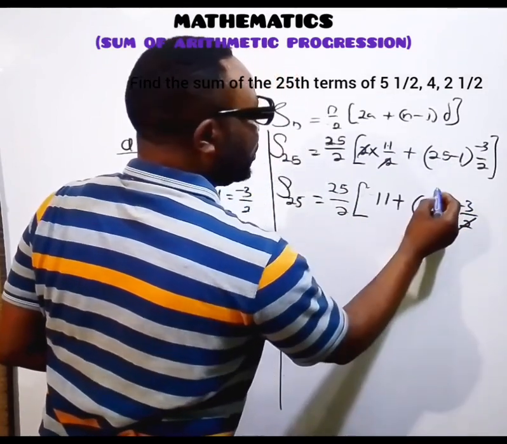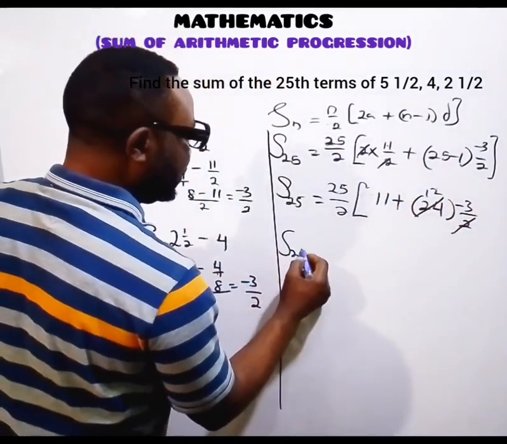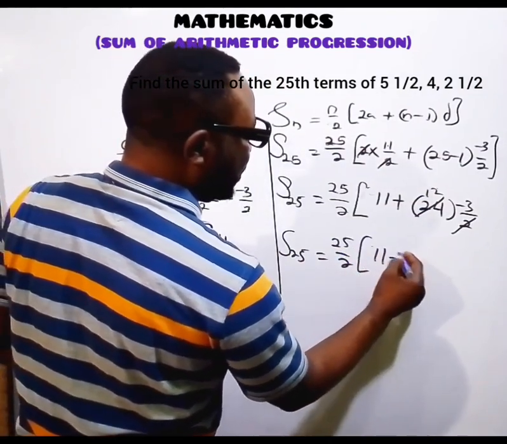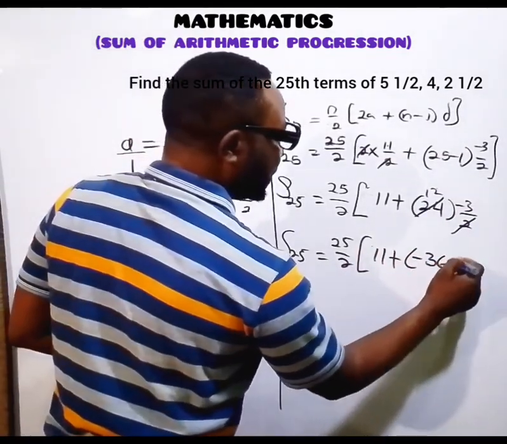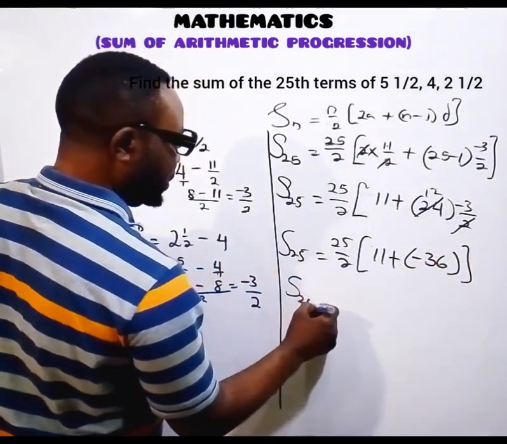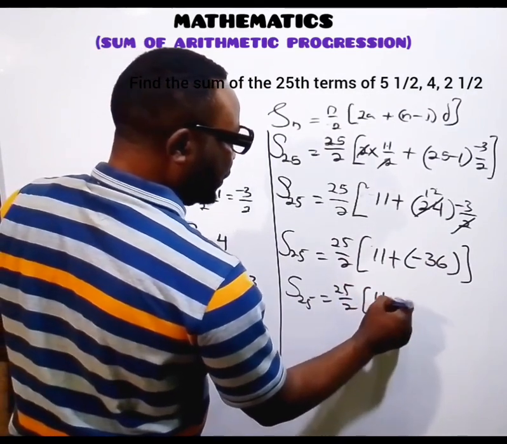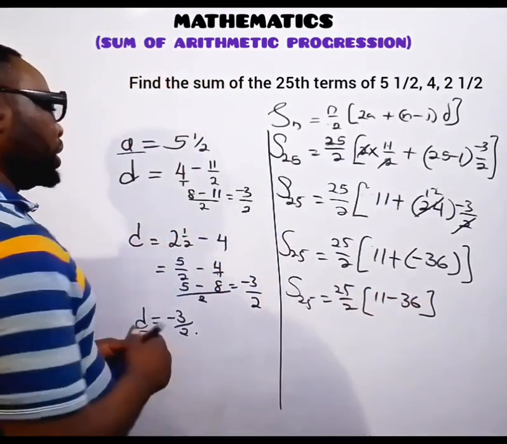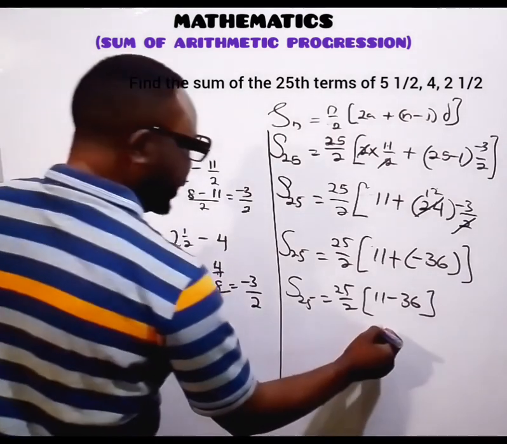I can cut this one to have 12 here. S25 will be equal to 25 over 2 into bracket of 11 plus 12 times minus 3, that will be equal to minus 36. Now, 25 over 2, 11 minus 36. So in this case, we are going to subtract 36 from 11, and from 11 we have minus 25.